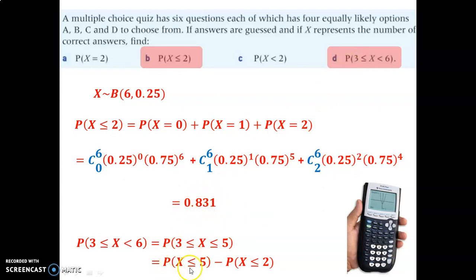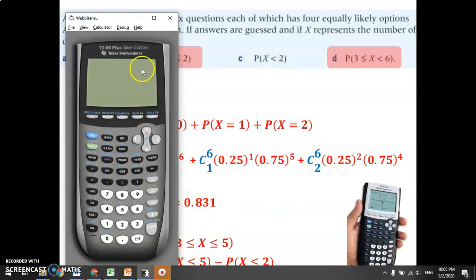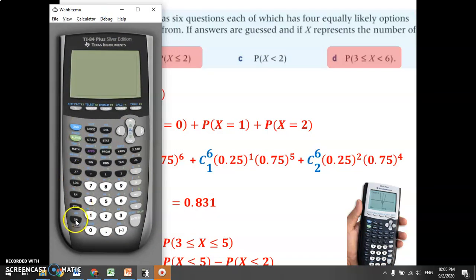So just a reminder how to do this on our calculator. You're going to turn it on and press second vars, which is distribution, arrow up until you see binomial.